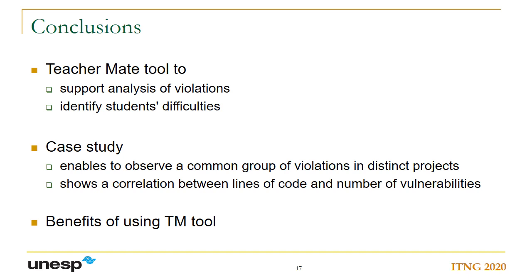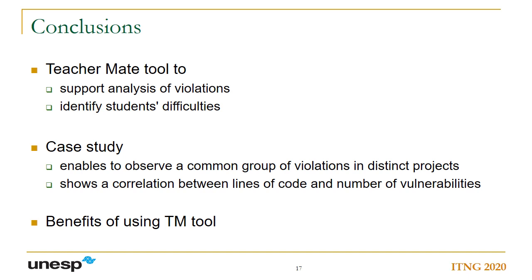This paper presented TeacherMate 2 to support analysis of violations, code quality, code smells, and also to identify students' difficulties. In the case study, we observed that there is a common group of violations in both projects, and a correlation between lines of code and the increase of vulnerabilities. Regarding code quality, the tool is good at identifying issues and showing that the use of TM2 is beneficial.